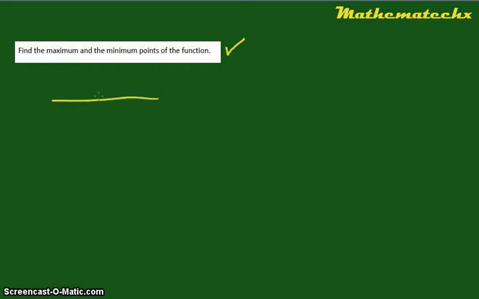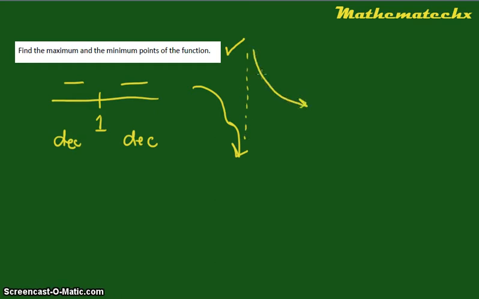If you recall, we had the critical number at 1, but we found out that the graph will always decrease before and after 1. So it is decreasing on this side, and then there's no value, so maybe it's an asymptote, and then the other part of the graph is also decreasing.